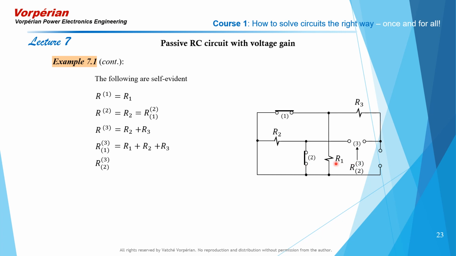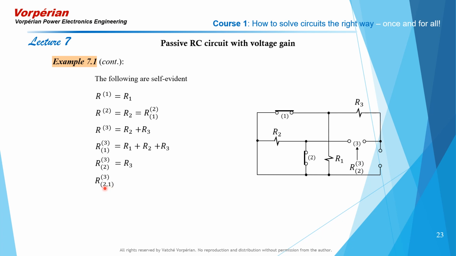In this case, we see that R1 is shorted out, R2 is shorted out, so this is nothing more than R3. Finally, we look into R3 with 2 and 1 in the opposite states of their reference states.